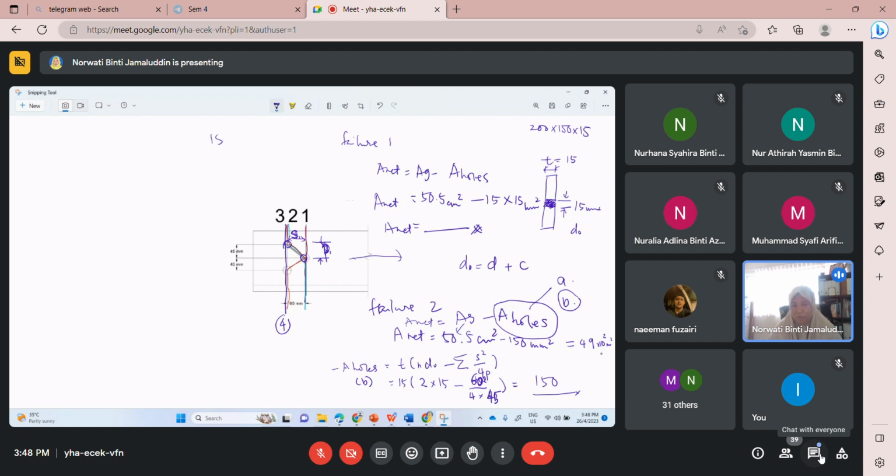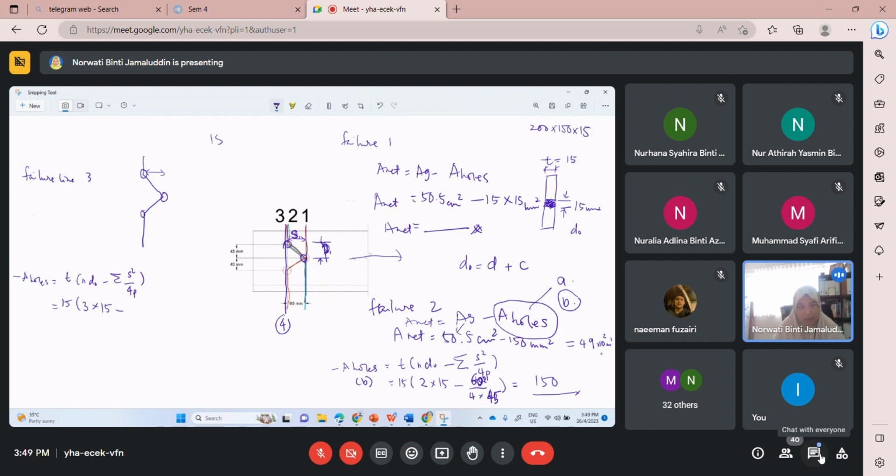For the third failure line, we know the area to be deducted, as a whole, should be calculated from t times n times D naught minus the summation of S squared over 4P, where t is the thickness, 15, and n is the number of bolts, which is 3, minus.